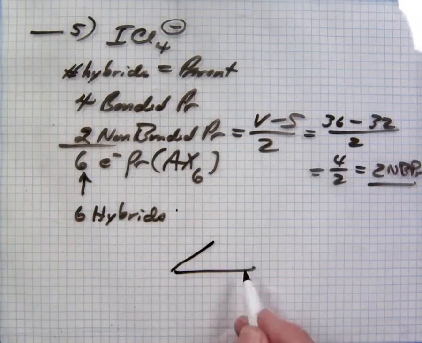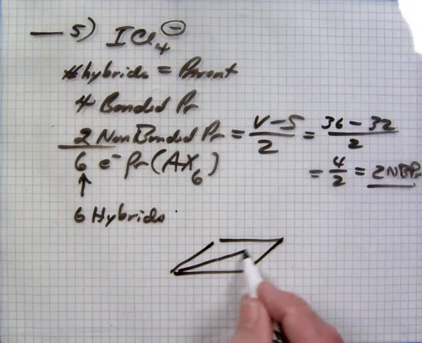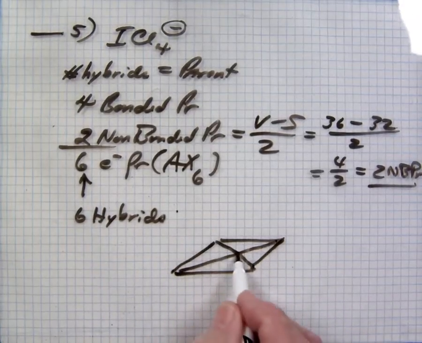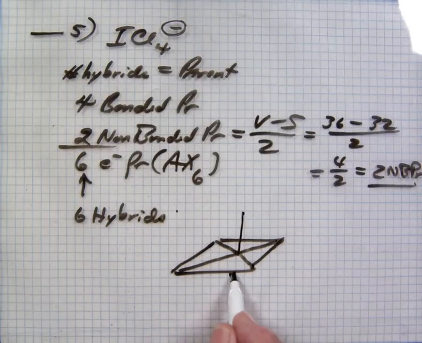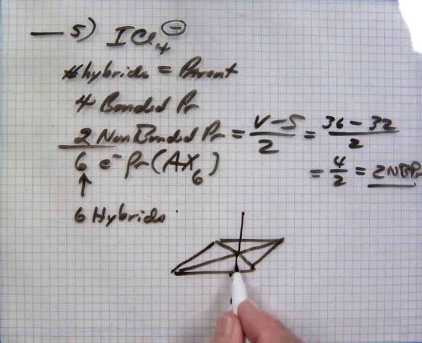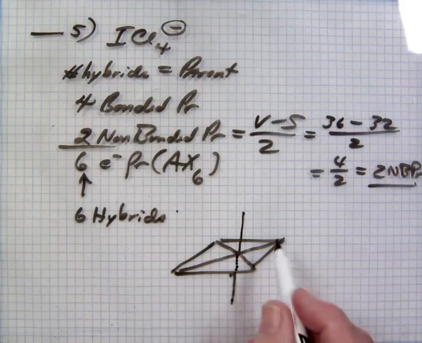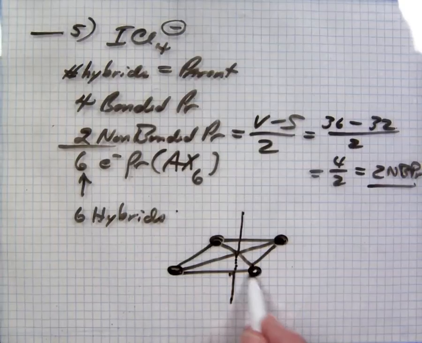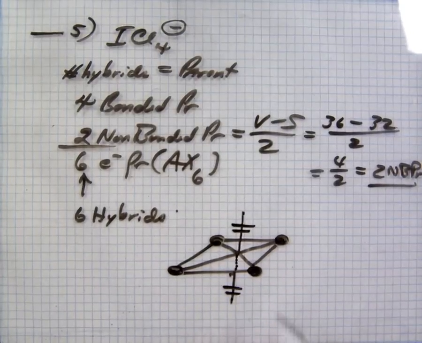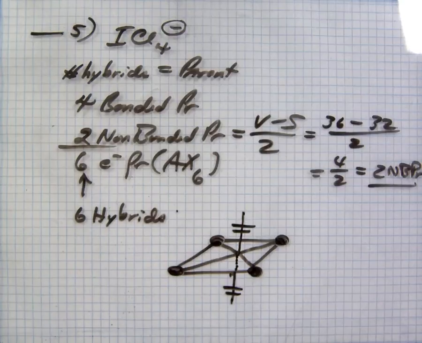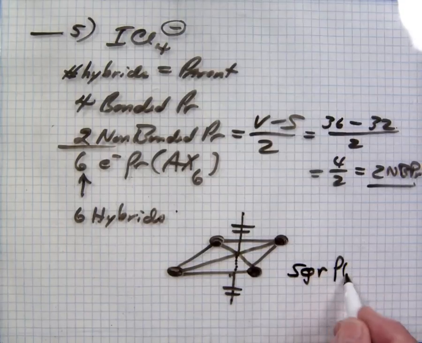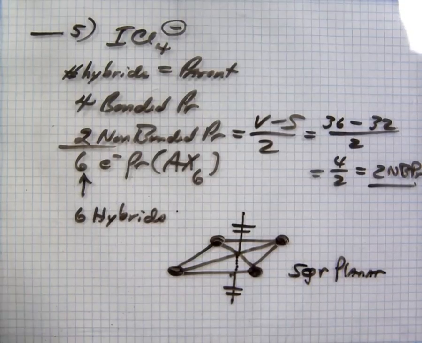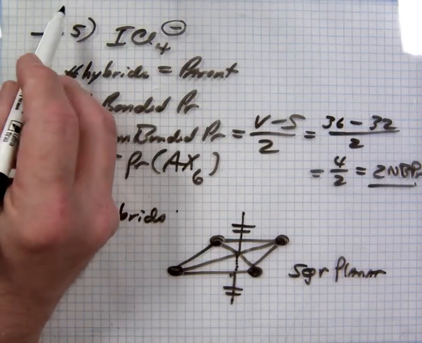I drew the AX6 parent right there. And we have 1, 2, 3, 4 in the plane, and if you recall, when we put in the 2 pairs, they go above and below the plane, and so this would be a square planar. And that's C choice, get that out of the way.